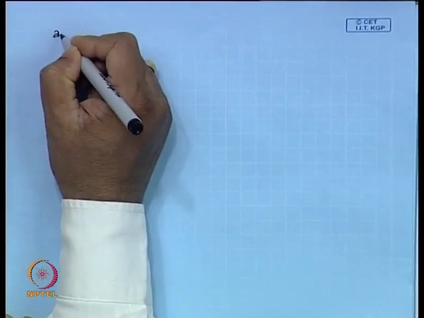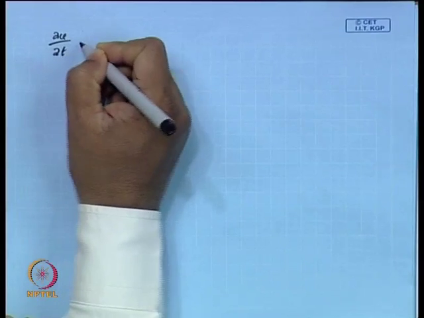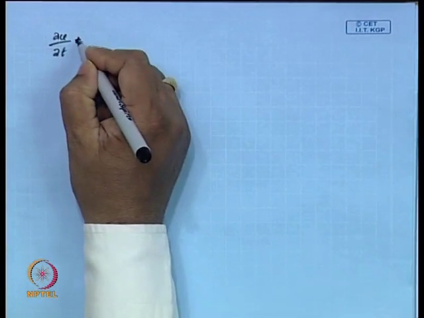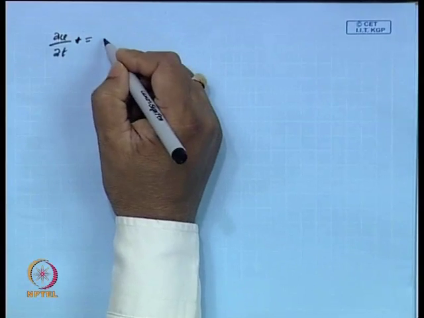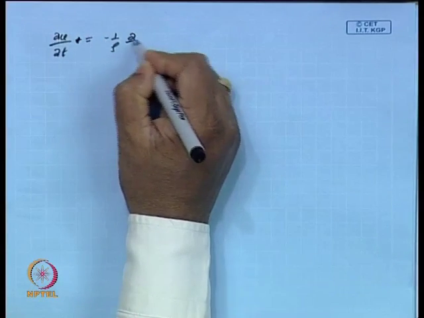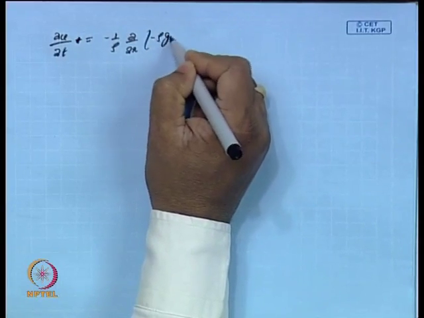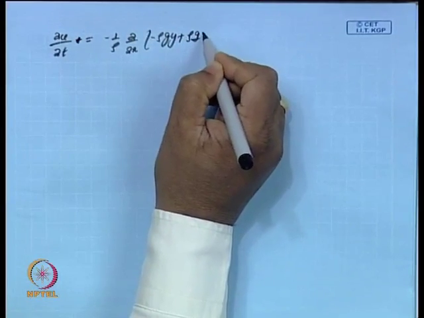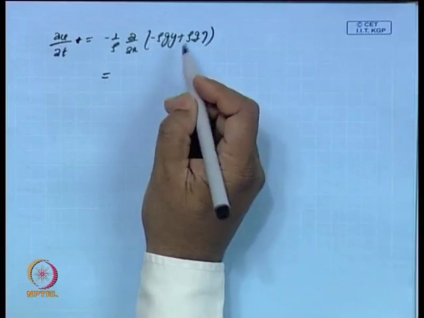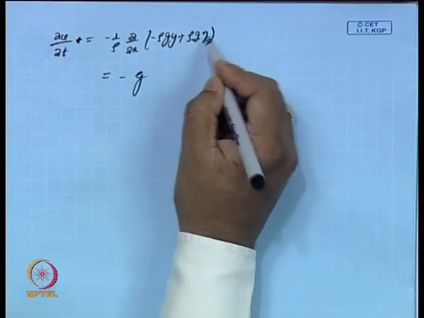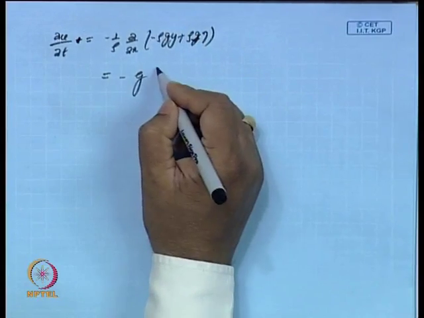So, we have del u by del t, because the second term will contribute 0, the third term is a term where v is involved, so v is negligible, and on the right side minus 1 by rho del by del x of p, which is minus rho g y plus rho g eta, and that gives me minus g into del eta by del x.